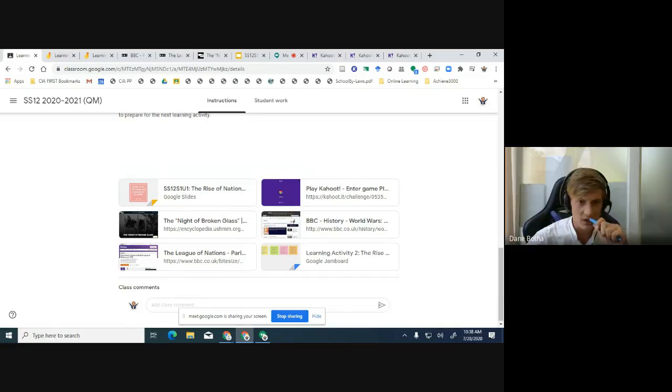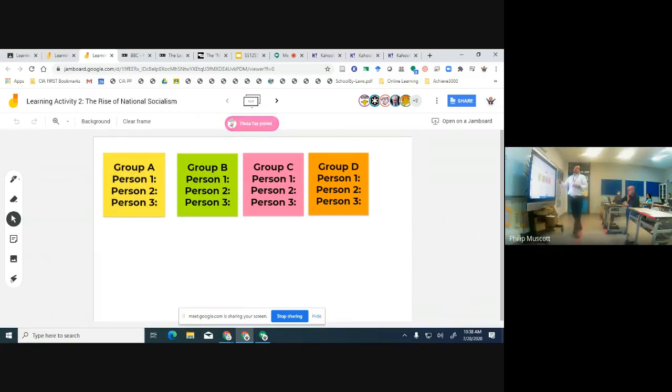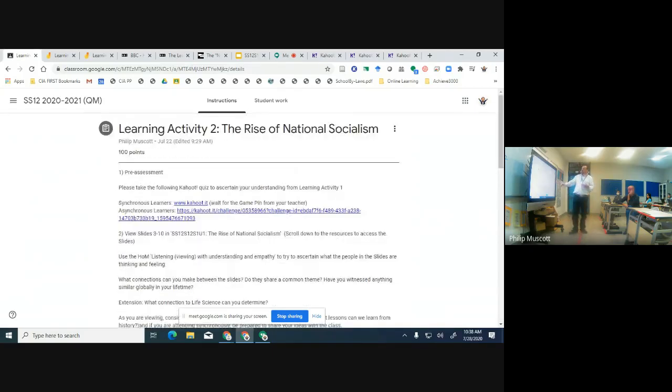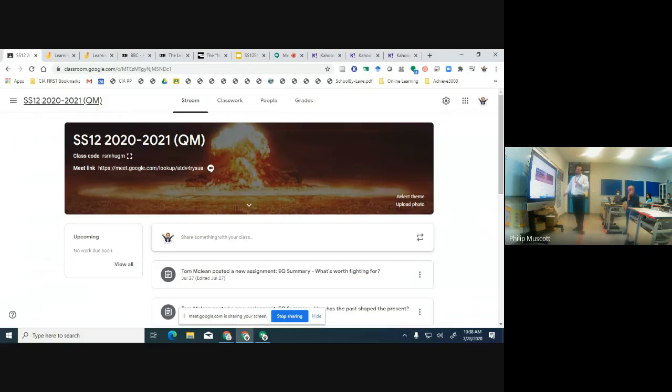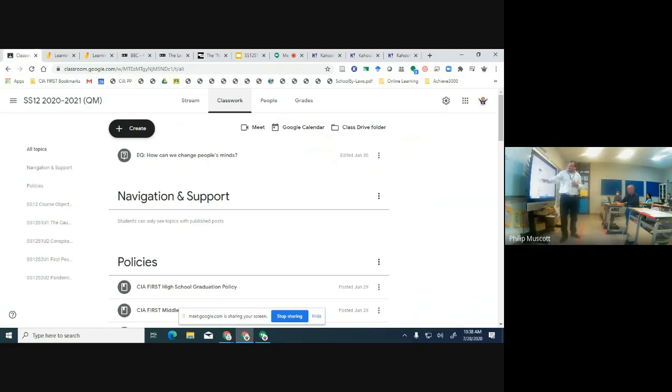Learning activity 1. Okay, wait, I don't know if I'm in the activity. I'm in this thing where it says stream, classwork, and people on the top. Yes, okay. So what you need to do, let me show you how to get there. Make sure you click on classwork. Then you will see the topics down the left.